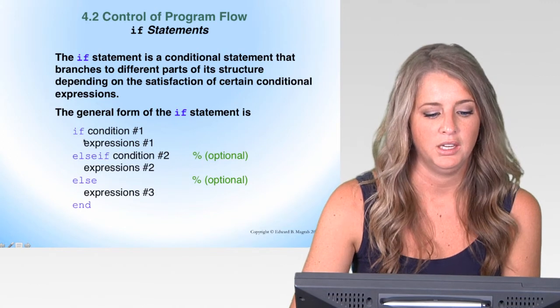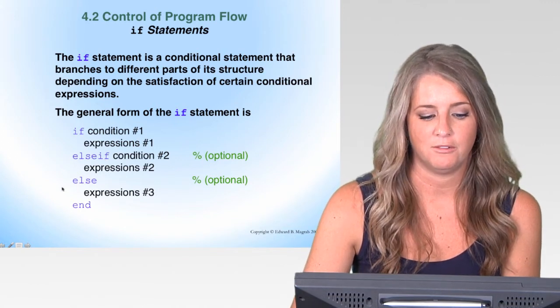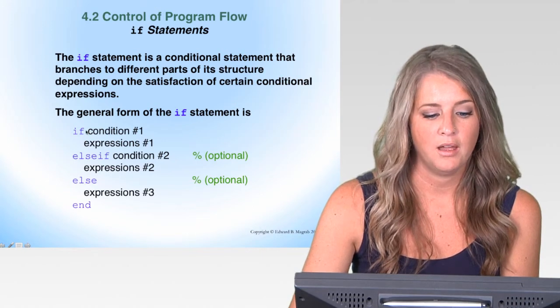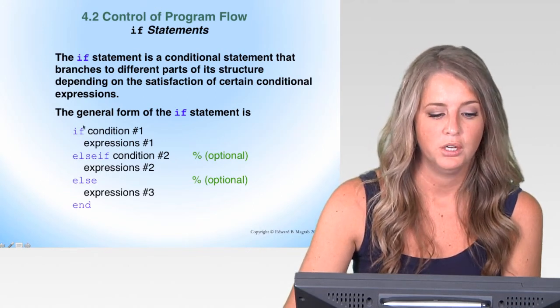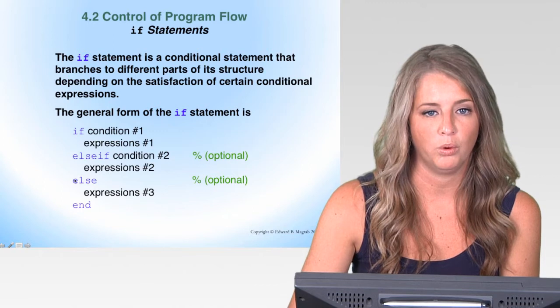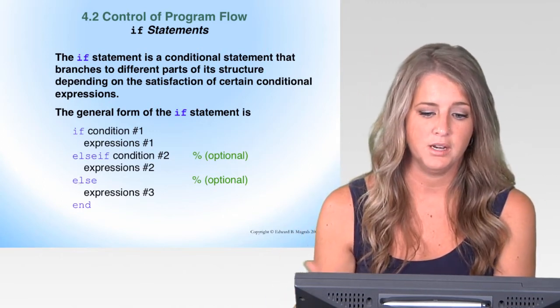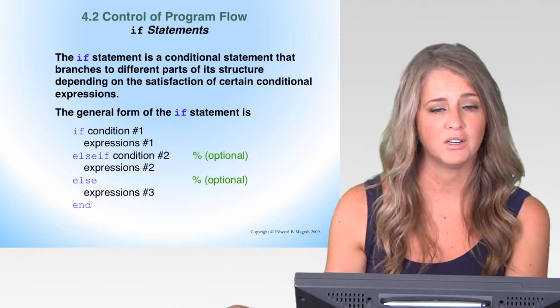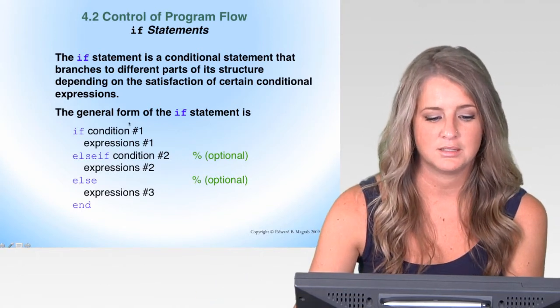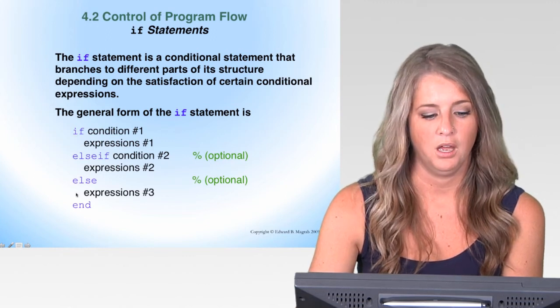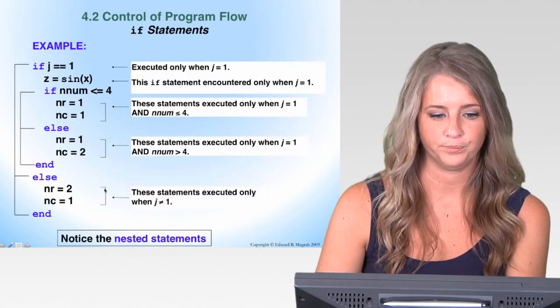So you could do if, else if, else if, else if, else, and then end. However, per control structure, you can only have one if and one else. If you're using a nested structure, then those can be another if and else statement, but within a single control structure for the if statement, it can only have one if and one else.